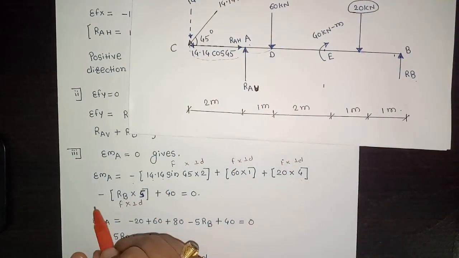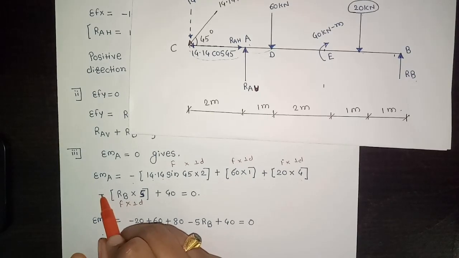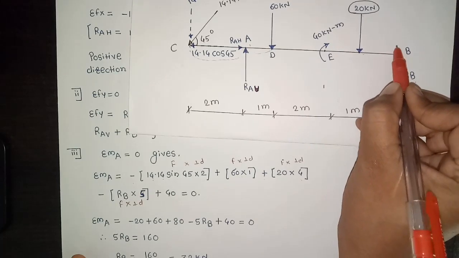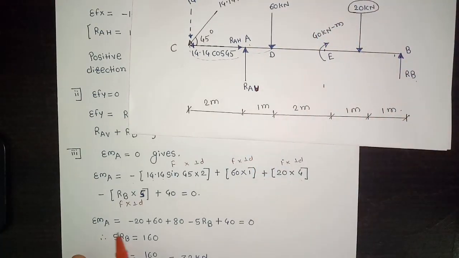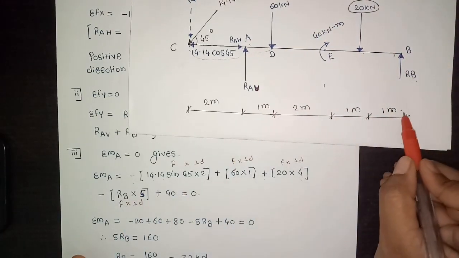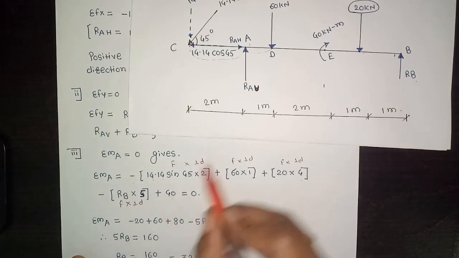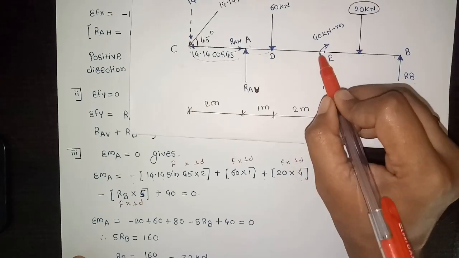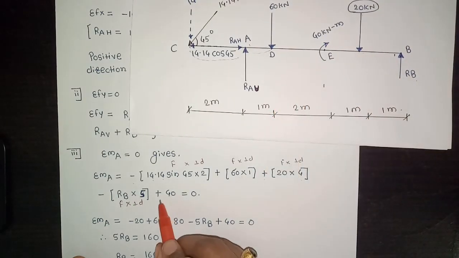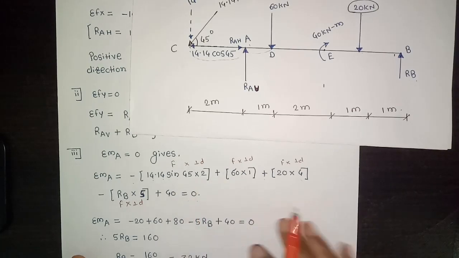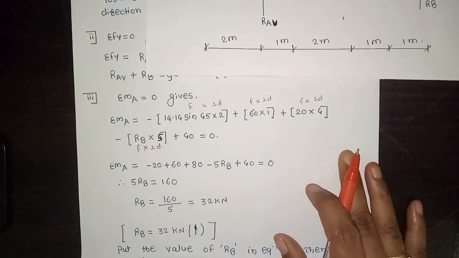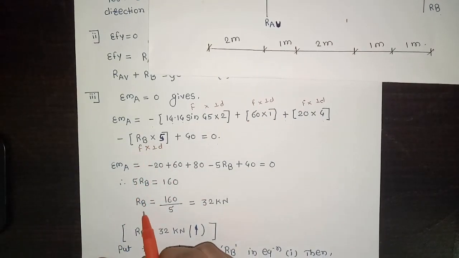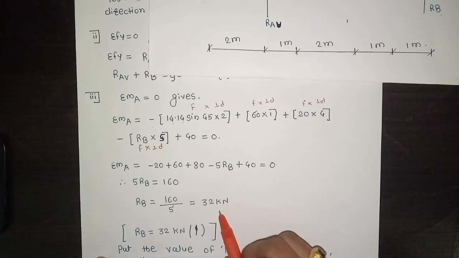Then minus RB into 5, RB force rotating anti-clockwise, so minus RB into perpendicular distance 5. Then plus rotational couple, which is rotating clockwise, so plus 40 is equal to 0. Then find the value of RB. Solve this equation, then we get the RB value. So RB is equal to 32 kilonewton.